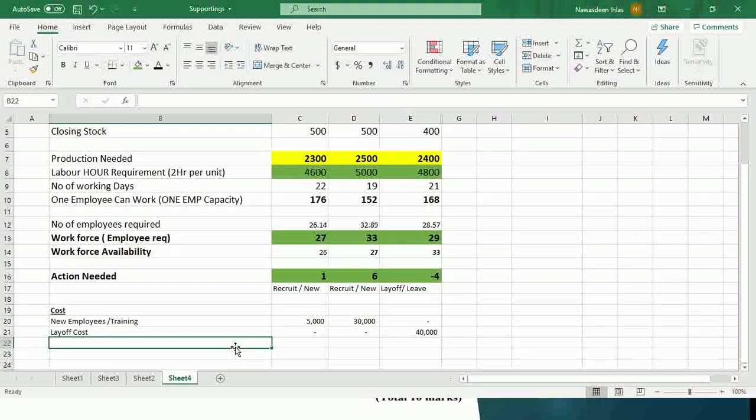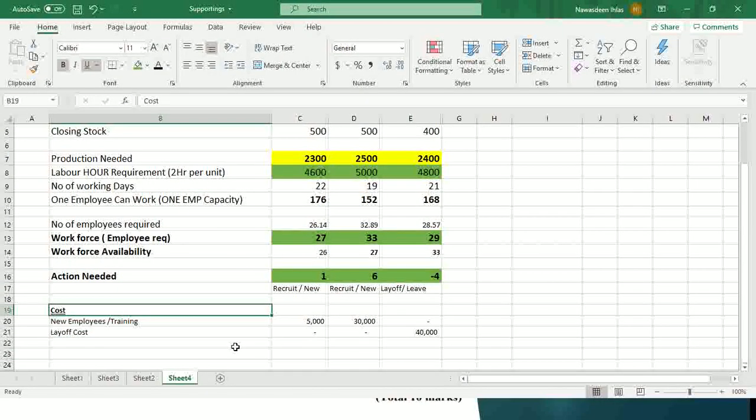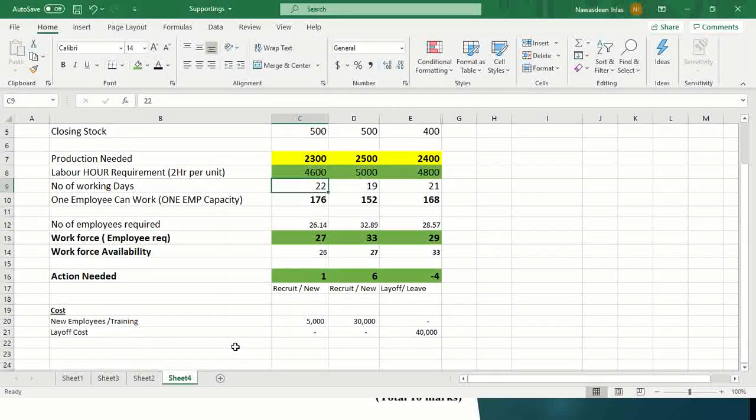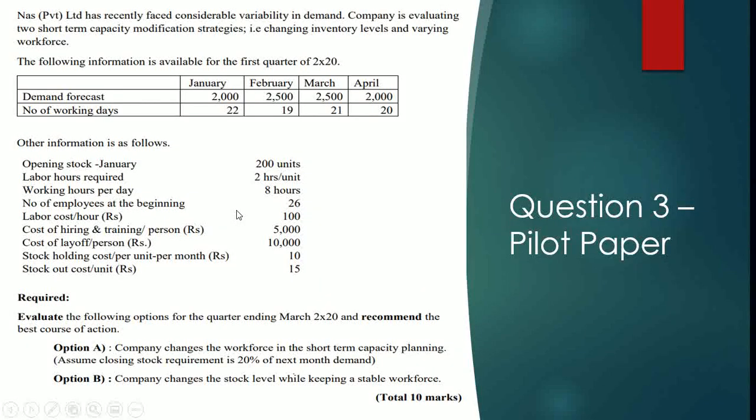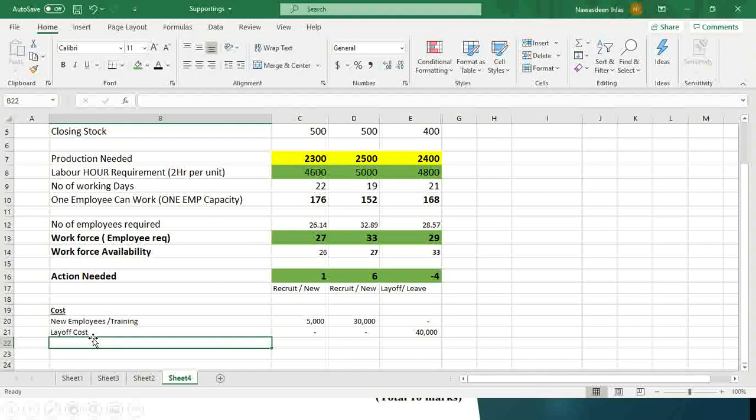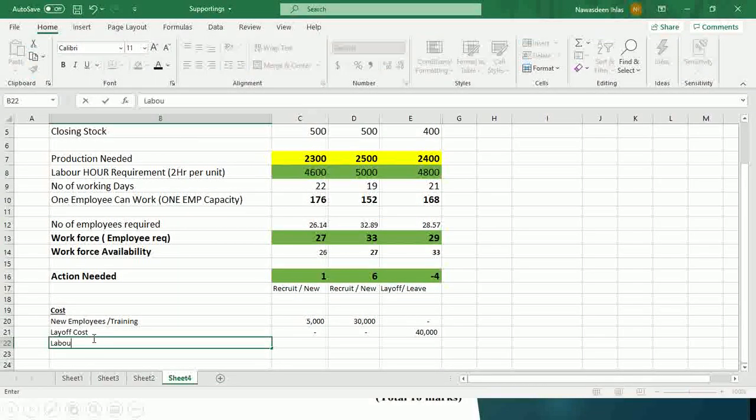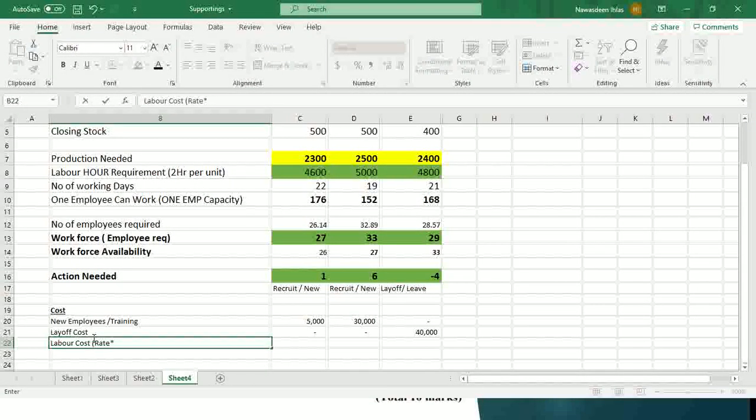Plus the obvious cost will be there. We have to pay for the usage. For January we need 4,600 labor hours.